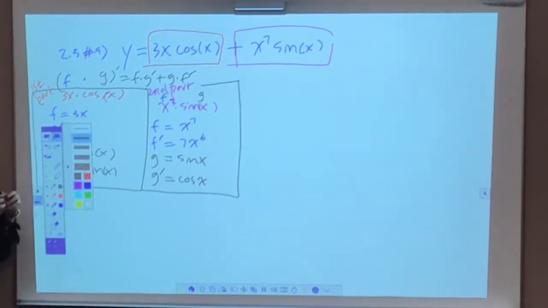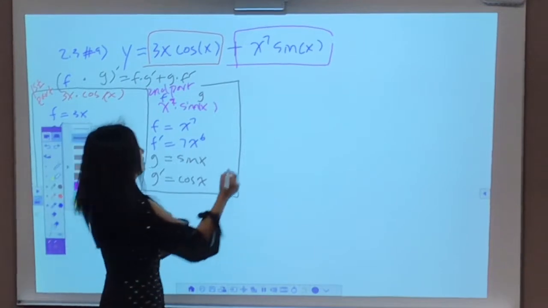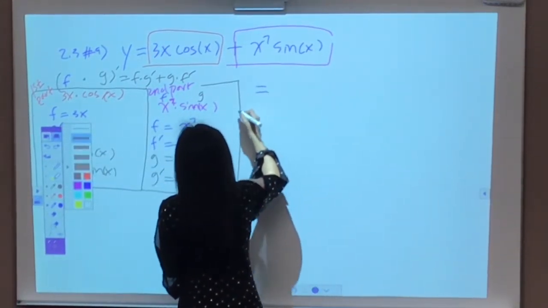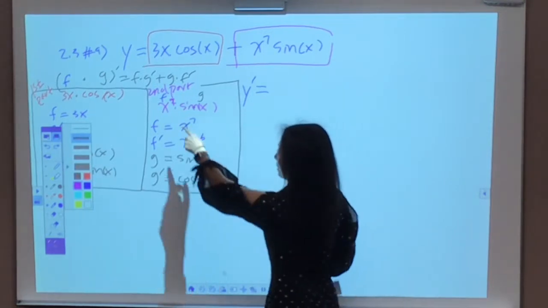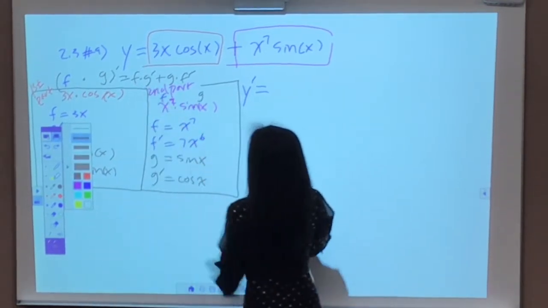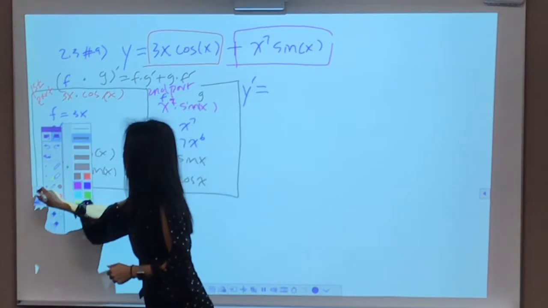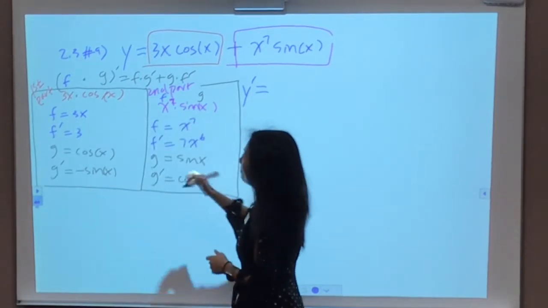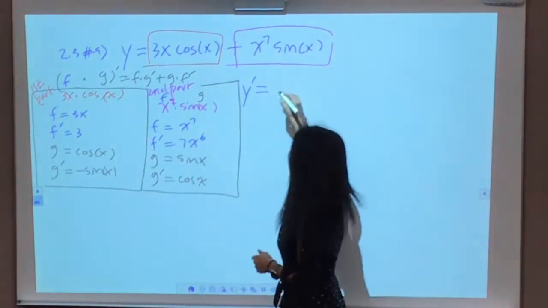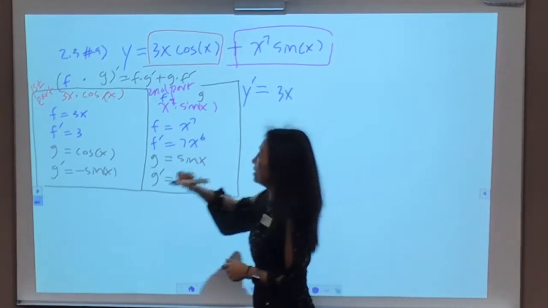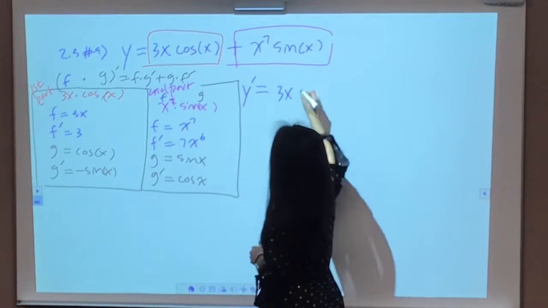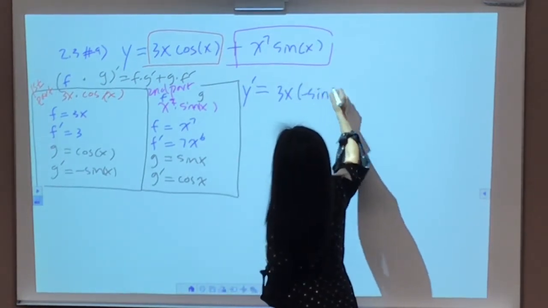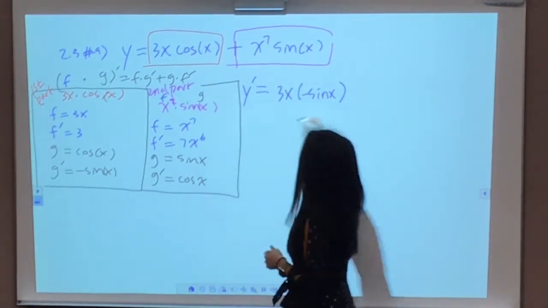Now what I have to do is just plug back into my formula. So that means y prime is equal to f times g prime. Is everybody with me? So f is 3x. What's my g prime? Negative sine x. And the next one is what?